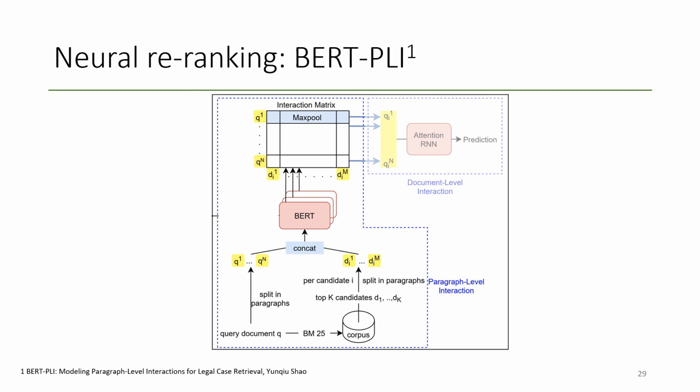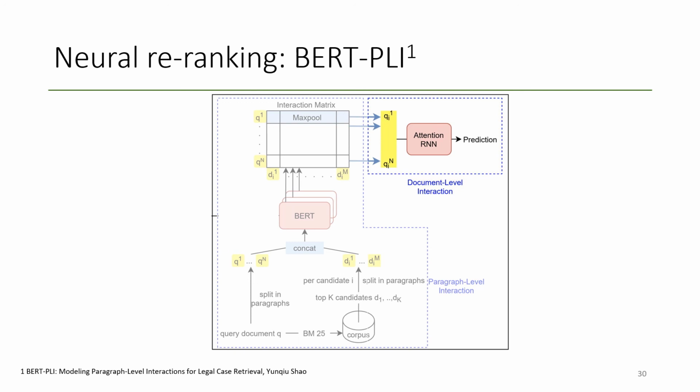This is why you need to split up the whole document into its paragraphs and only model the relevance on the paragraph level. And then what you get by modeling the relevance on the paragraph level is an interaction matrix of all the query paragraphs with all the paragraphs of the candidate document. And this interaction matrix is then used to max pool the representations for each query paragraph. And then the document level interaction is predicted by an attentional recurrent neural network.